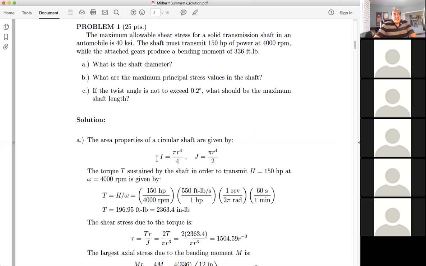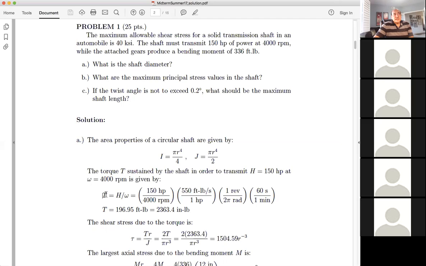We would have the second moment of area. We have the polar moment of area, which is twice that. Everybody knows that. We can get the torque from the horsepower. We have the formula to do that. Here it is a little bit more detailed, going from horsepower divided by RPM.